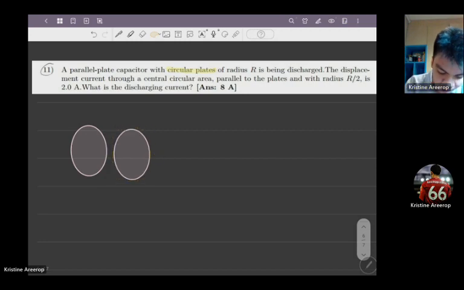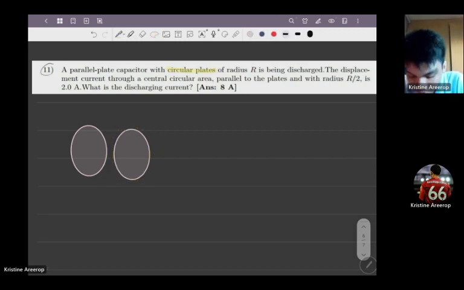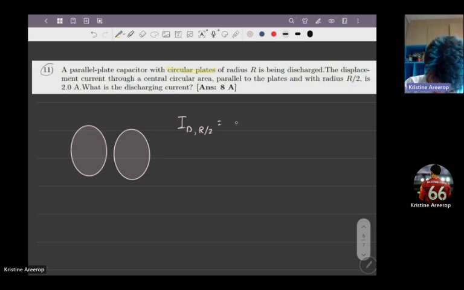Then, as it is being discharged, there is the displacement current in this region. Now we have ID for half of R equal to 2.0 ampere.